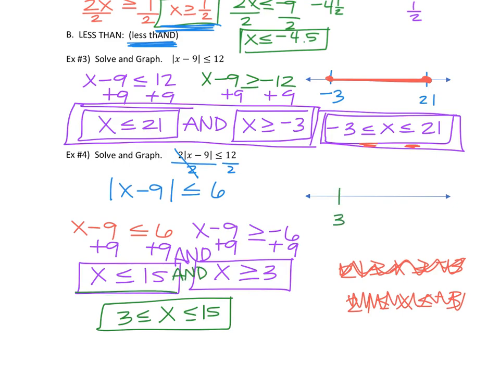So you're going to put dots at 3 and 15, open or closed dots? Closed dots. I should have done some with open, huh? And then where will you shade? Inside, because it's "and," right? And if you need to, just shade them separately: greater than 3 would go this way, less than 15 would go this way, so your overlap is in between.